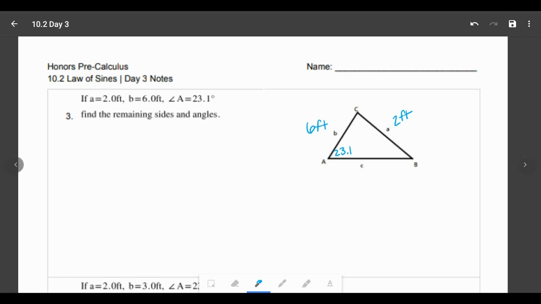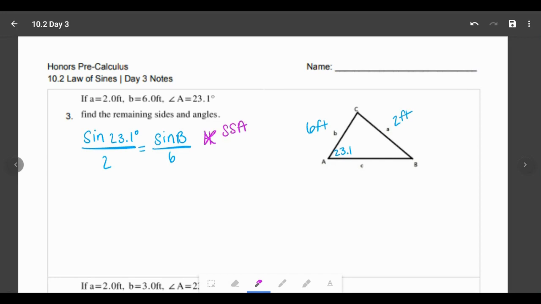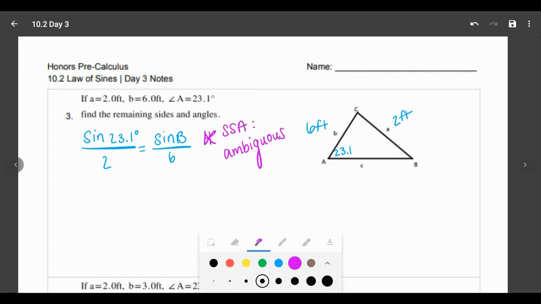So the first thing that I'm going to set up is sine of 23.1 degrees over 2, and that should be equal to sine of B over 6. Now remember, the first thing that I'm looking for is an angle, so we must look for ambiguous case. This is a side-side angle, so we're going to look for that second case scenario.